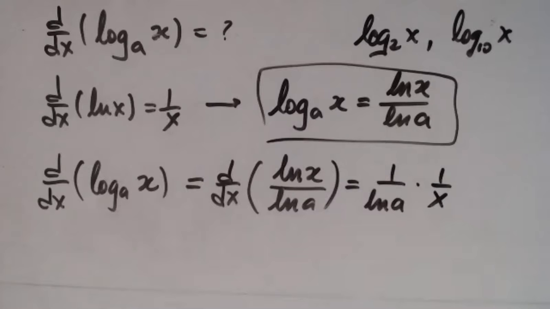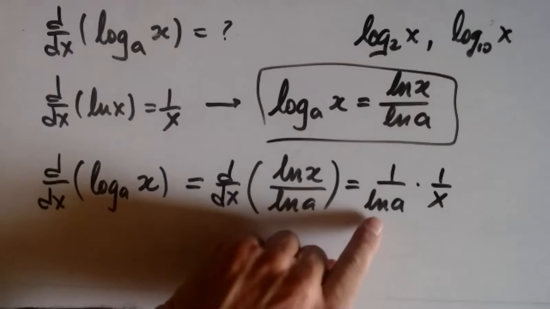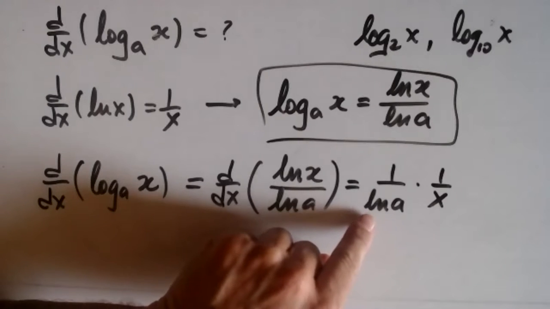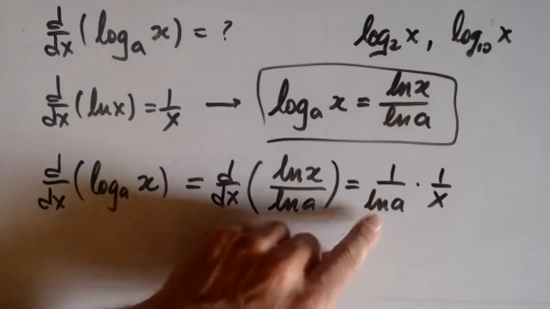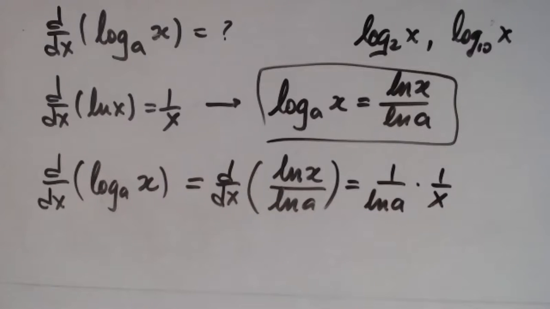So it's quite simple to get the derivative of the log. It's the same formula, except that you have to put the natural log of the base in both formulas: in the denominator for the log, in the numerator for the exponential, correct?